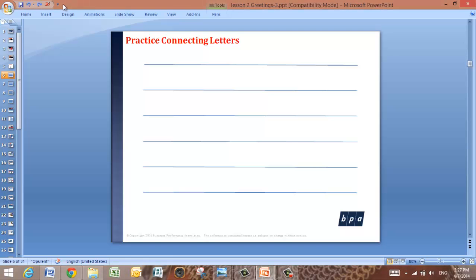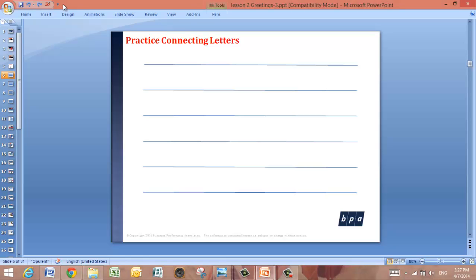The first phrase was Assalamu alaikum, which means peace be with you, and it has two words. I'll write them here in their separate forms, and then I'll connect the letters.